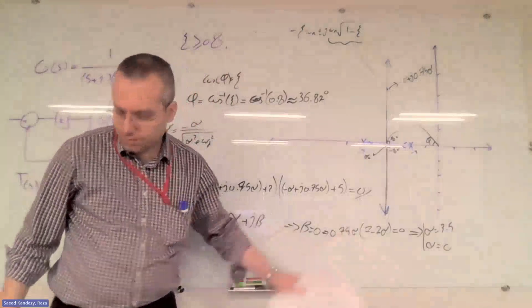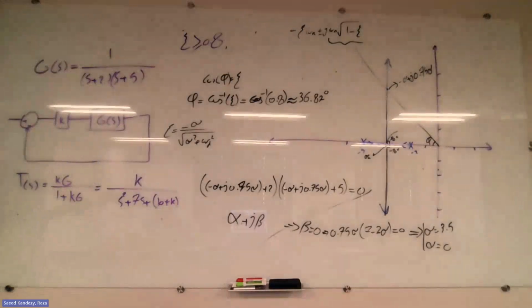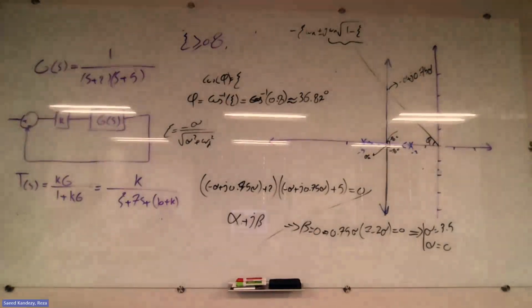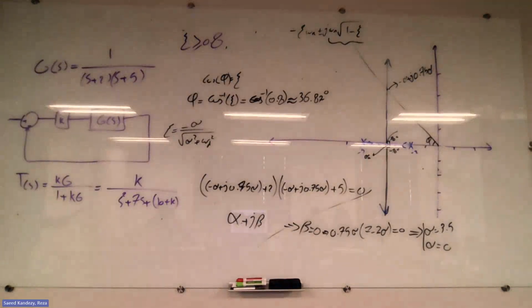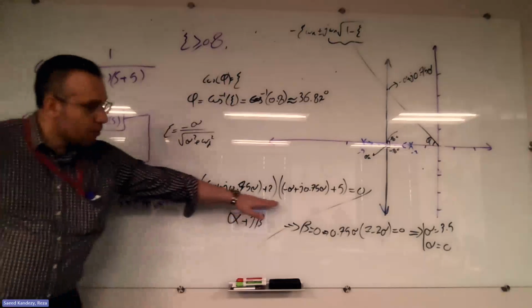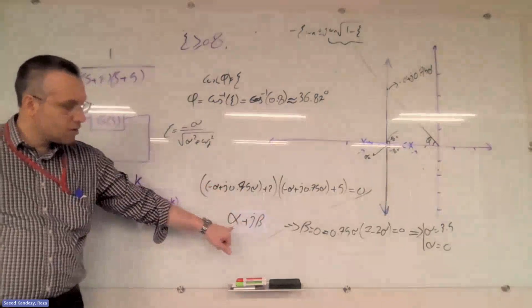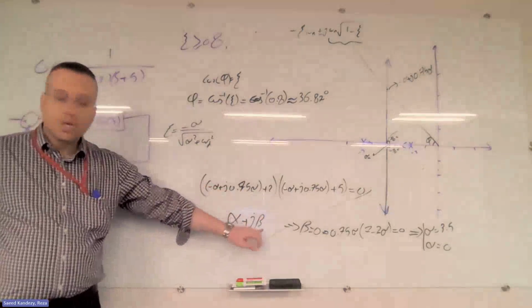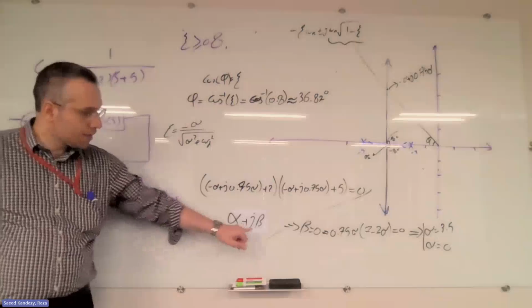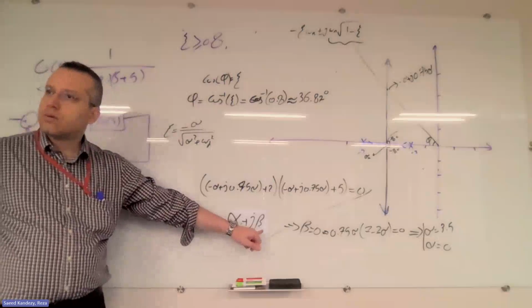So I think I might be missing the significance of alpha plus j beta. Are you saying that we're setting beta equal to 0 because there's no imaginary part? This would end up in a complex number. Yes. This complex number should have a real part and imaginary part. If this is equal to 0, both of them should be equal to 0. And so you're fine.